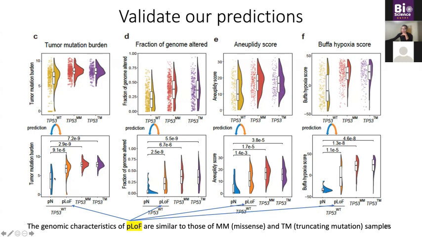And we see the same trend for the other measurements. For example, the fraction of genome altered. This is also called the CNV burden, copy number variation burden. So we see a similar trend. And aneuploidy score is another type of copy number alteration. It's a whole chromosome level, whole genome level duplication called aneuploidy. So you will see the same trend.